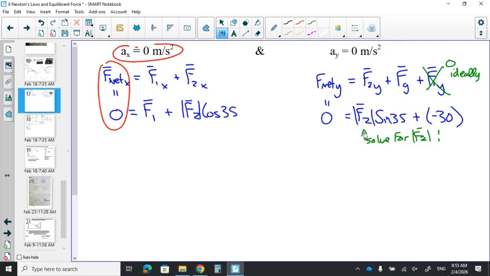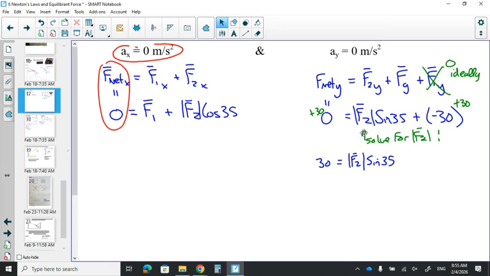We're going to add 30 to both sides. Gives us, what, 30 equals absolute value of the size of F2 times sine of 35. And so then we just need to divide both sides by sine 35.